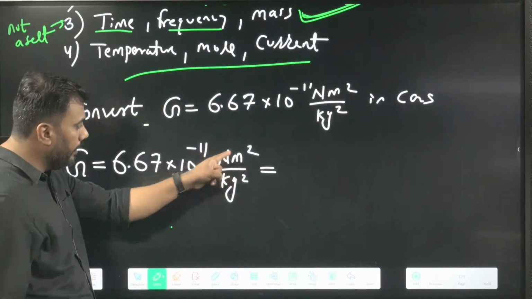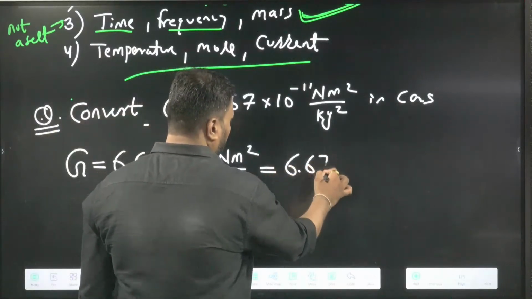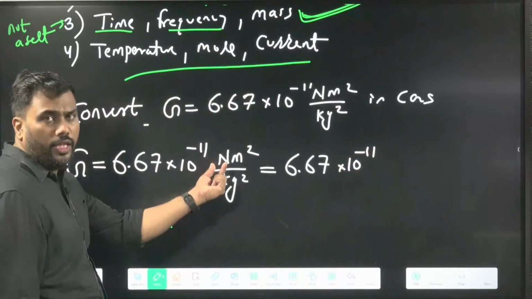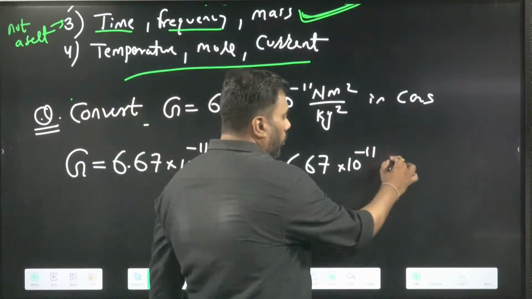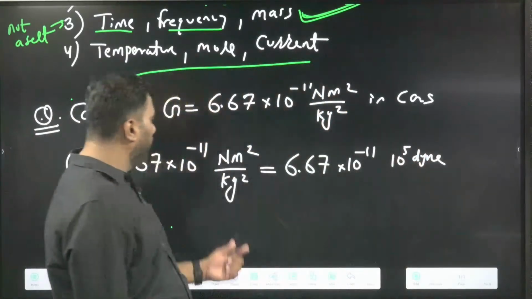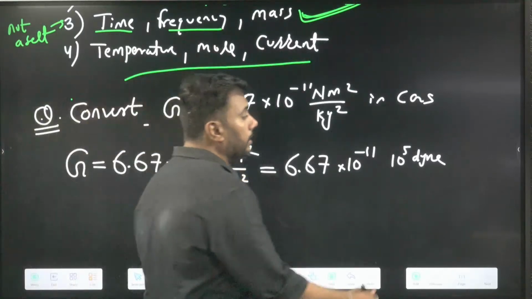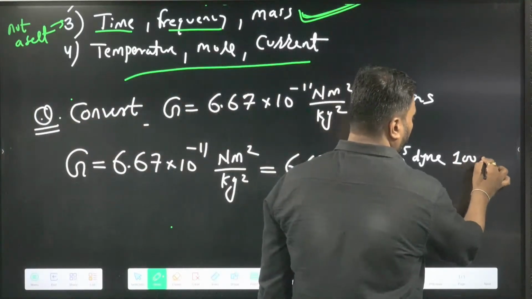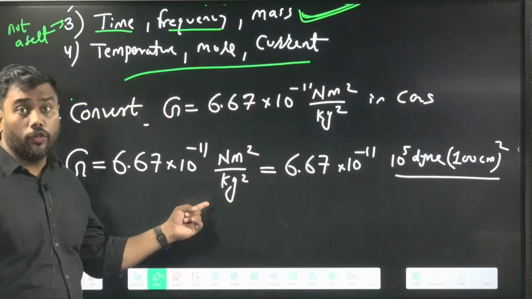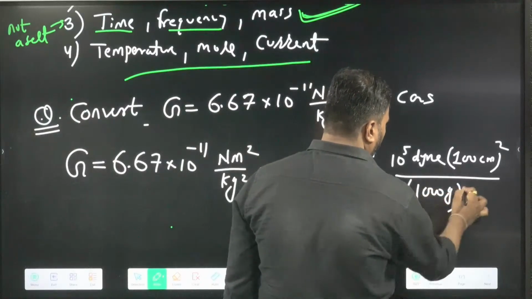That will give us the value of G: 6.67 into 10 power minus 11. 1 Newton is 10 power 5 dyne. Meter, I can write as 100 centimeter, but there should be a power 2. Divided by kilogram: 1 kilogram is 1000 gram, to the power 2.